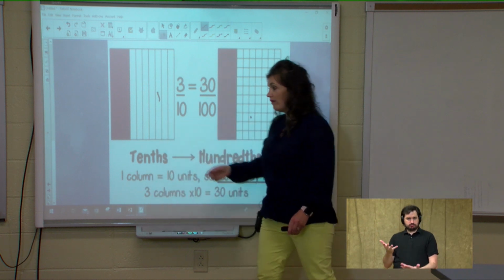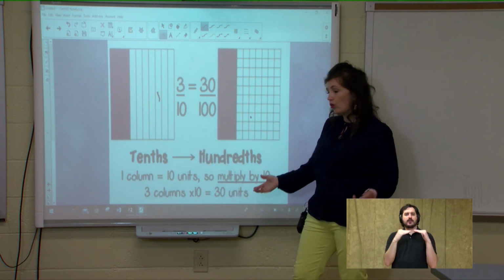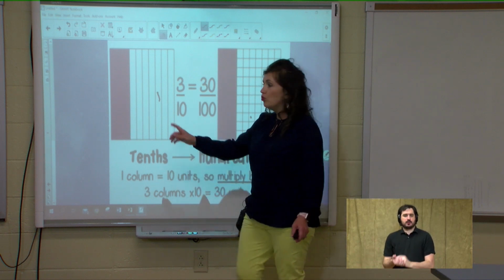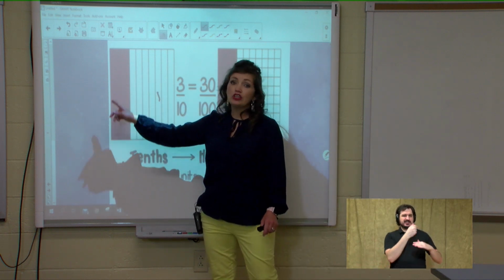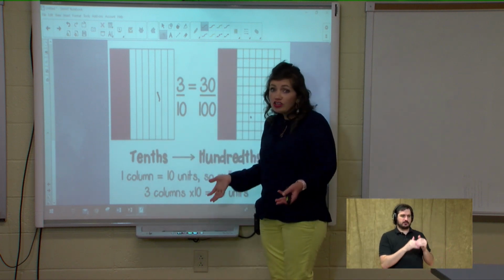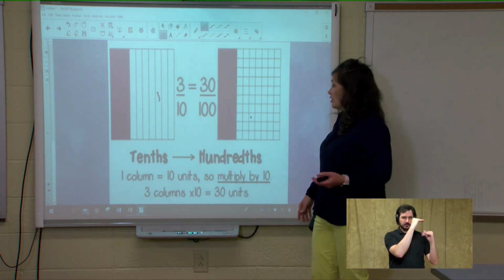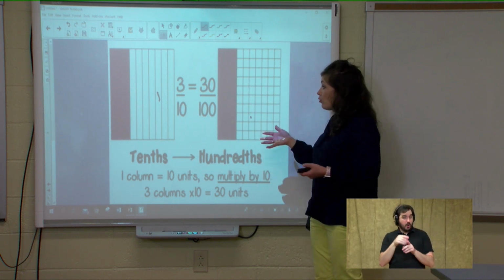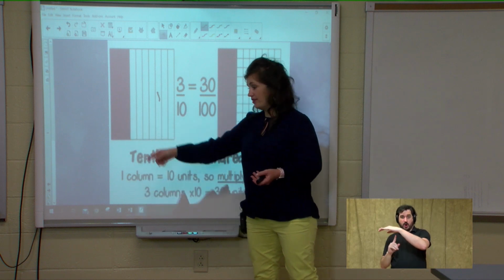We call those equivalent fractions because they're equal. All right, and we know when we're talking about tenths, each tenth or each column equals 10 units or 10 hundredths. And we also know that 10 hundredths or 10 units equal 1/10.